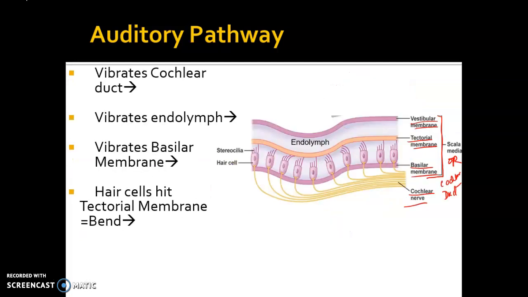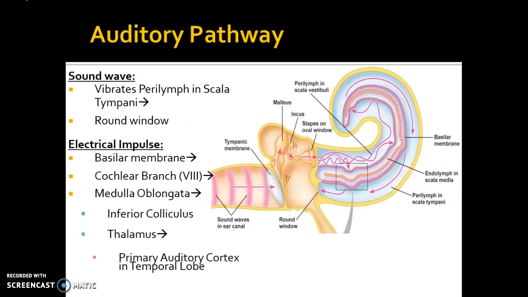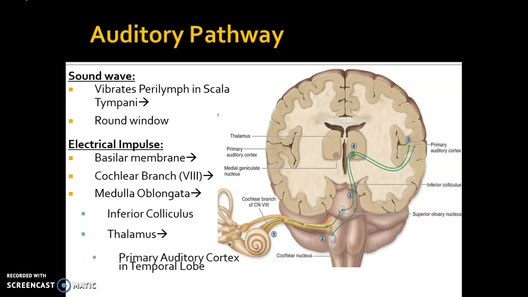So if I go back, the hair cells bend and an action potential travels via the cochlear branch of cranial nerve 8, and this action potential then reaches the medulla oblongata.